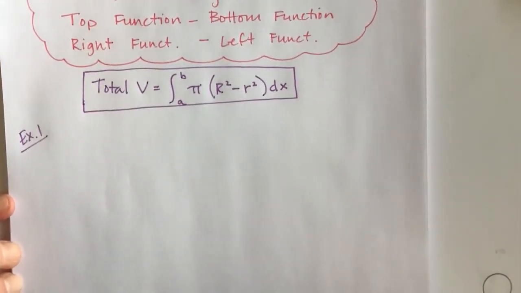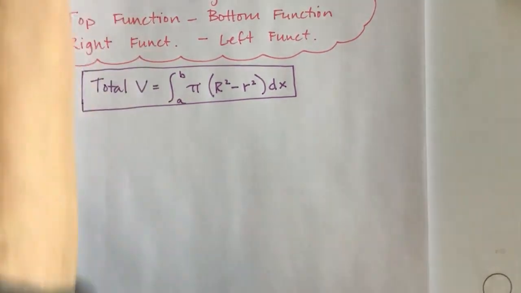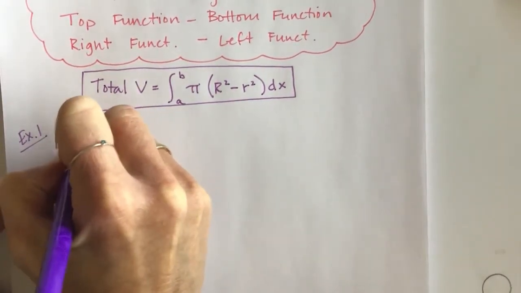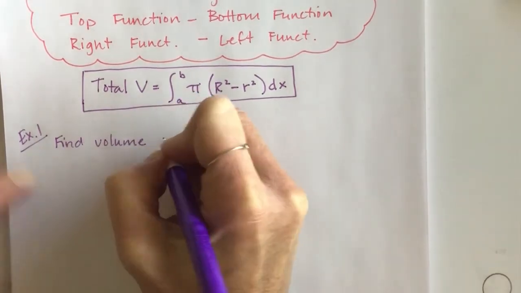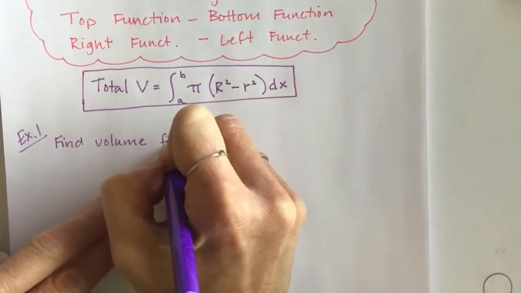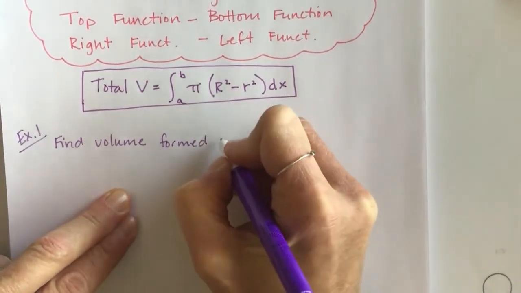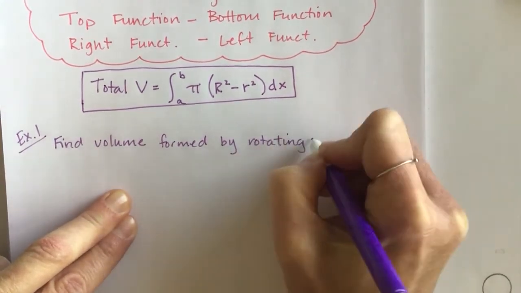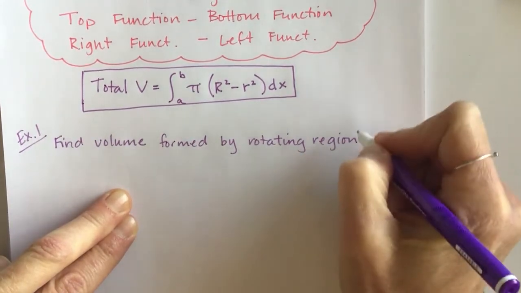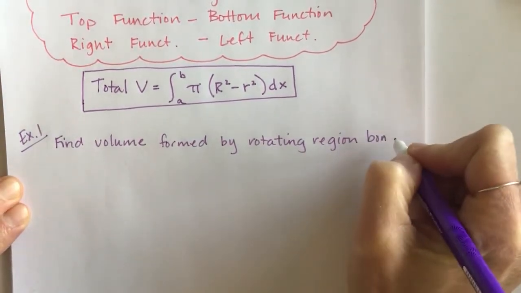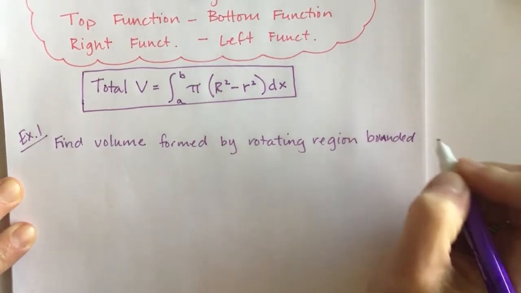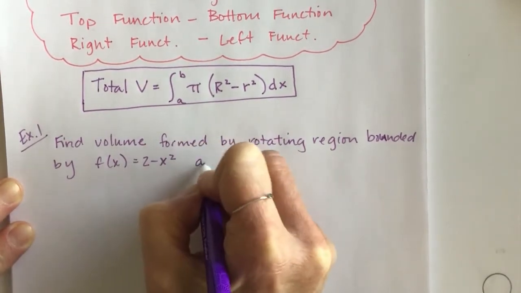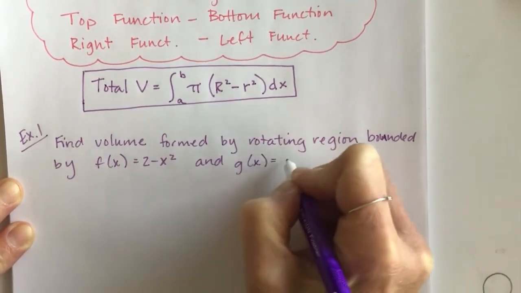Find the volume formed by rotating the region bounded by f of x equals 2 minus x squared, and g of x equals 1.